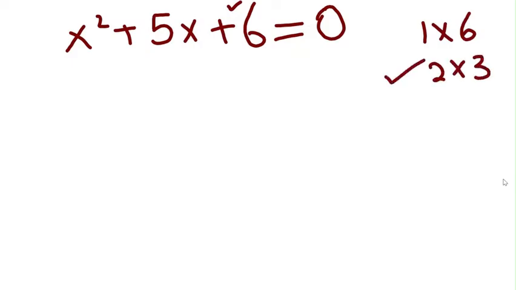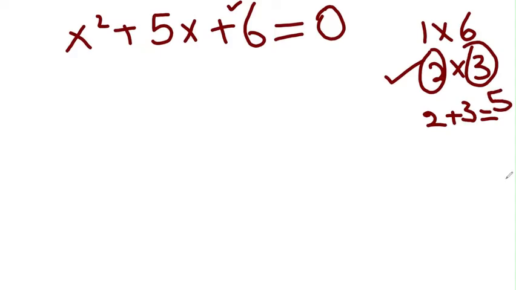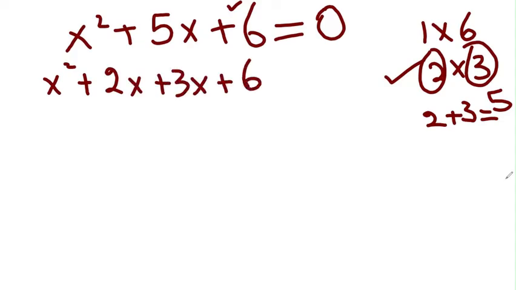The second one will go here because 2 and 3, when you add, will give you the middle term 5. 2 plus 3 is equal to 5. So let's start with this. X squared plus 2x plus 3x plus 6 equals to 0.